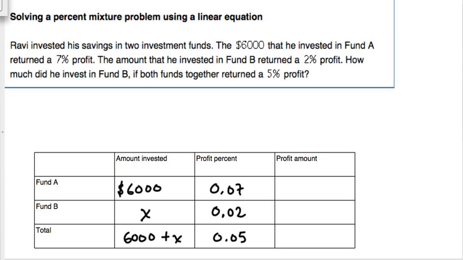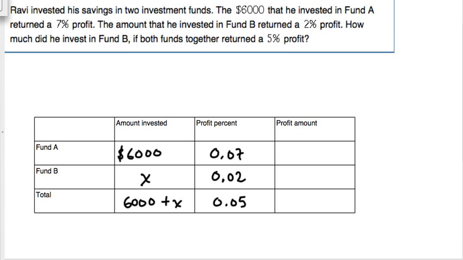Now we're going to fill in the last column. To find the profit amount, we multiply the profit percent by the amount invested. For Fund A, it would be 0.07 times 6,000, and we're not going to figure out what that is just yet.